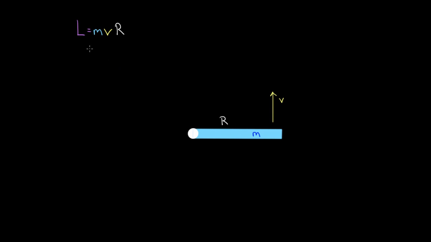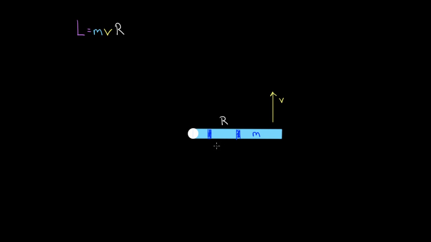We say, well, I've got the formula for the angular momentum of a single particle traveling at a single radius, so let's just imagine our continuous object being composed of a bunch of single masses all traveling at a single radius. So if I imagine it being broken up into all these little pieces, then if I found the angular momentum of each piece and added it up, I'd get the total angular momentum for the whole object.